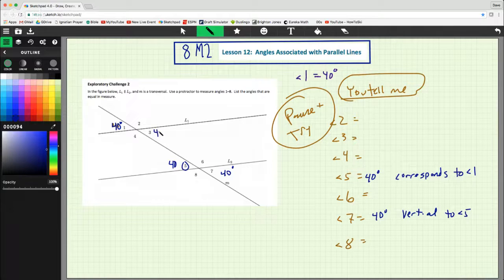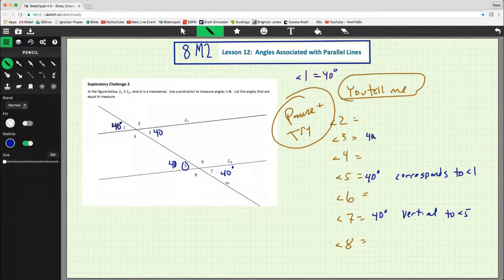Angle 3 is 40 degrees because it's vertical to angle 1. Now, angle 2 is equal to 140 degrees because it forms a linear pair with angle 1.